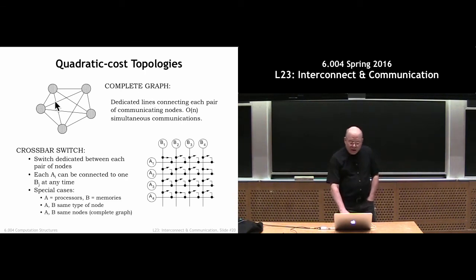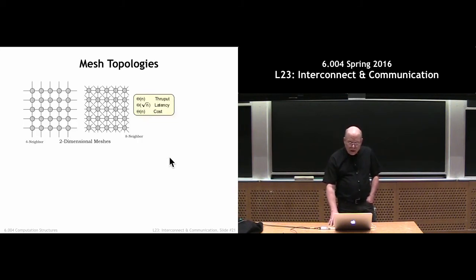Crossbars are a favorite. They give the notion of a complete graph, although the actual costs tend to be a little lower. Often, if we have, for instance, 4 cores in a single chip, there's a crossbar where the processors are talking to the memories, and it looks something like that. So crossbars are popular.